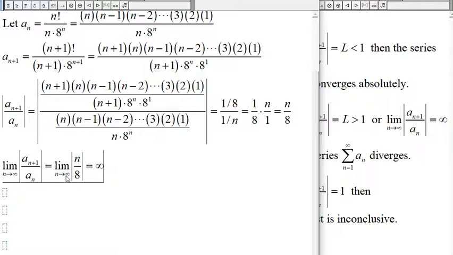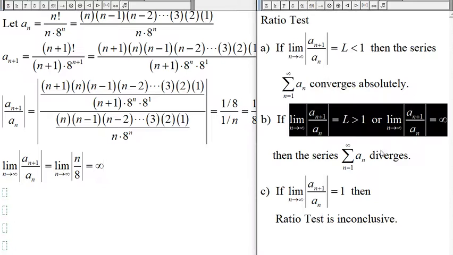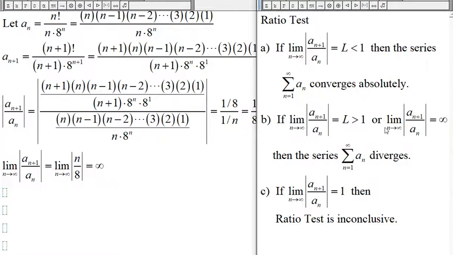As n approaches infinity, then we get infinity divided by 8, which is infinity. And so we have shown that the limit of the ratio a sub n plus 1 divided by a sub n is equal to infinity. And therefore, we can say that the series a sub n diverges.